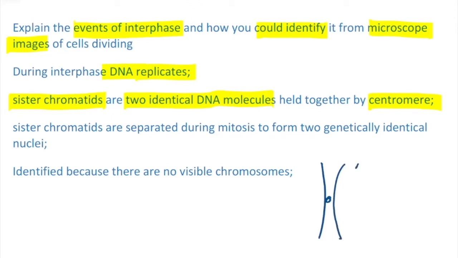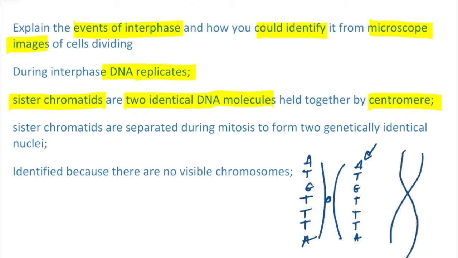If we were to look down the genetic code along those, it would be exactly the same unless we've made mistakes. Now I've only drawn in the one side, remembering that this is a DNA helix on both sides. We'd actually have base pairing all the way along these 2 strands. But they would be identical DNA double helixes which are linked by this centromere.